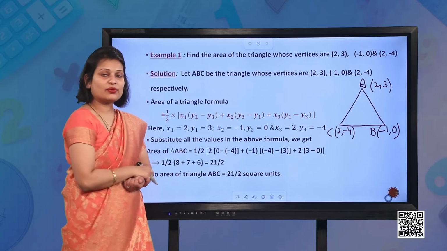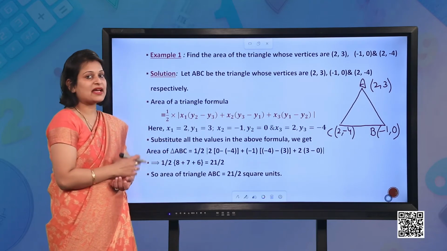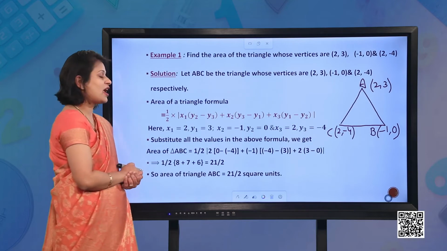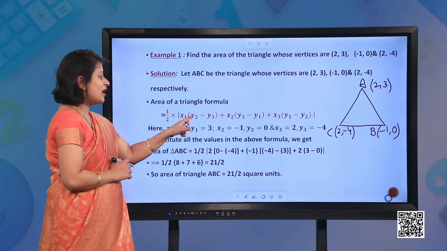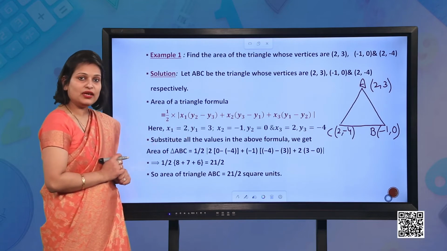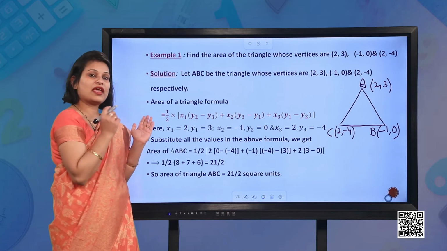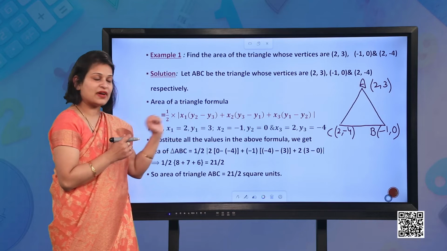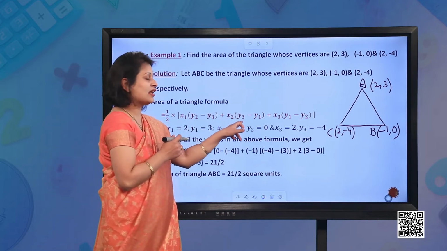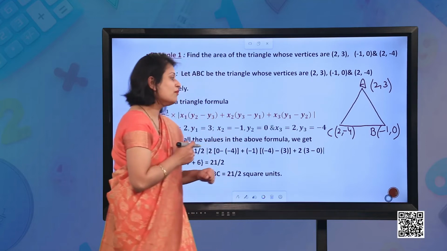Now, how will you calculate the area of triangle ABC? By simply applying the formula which we have just learned. This is half into x1 (y2 minus y3) plus x2 (y3 minus y1) plus x3 (y1 minus y2), where x1 is taken as the x coordinate and the y values follow the pattern we saw.